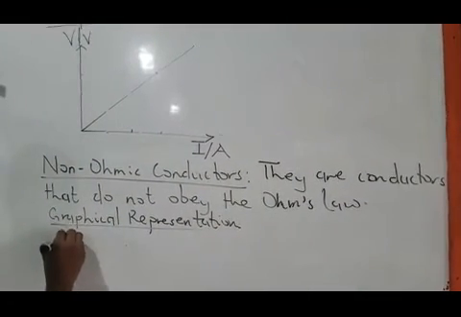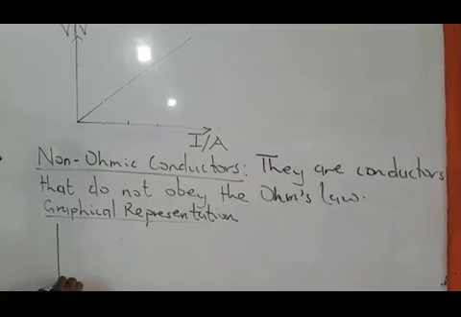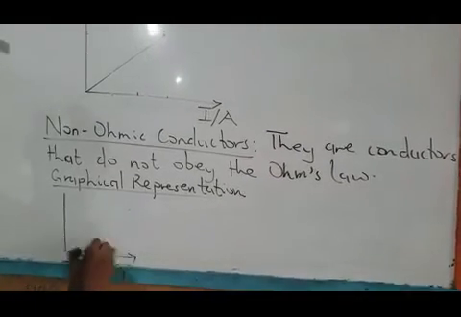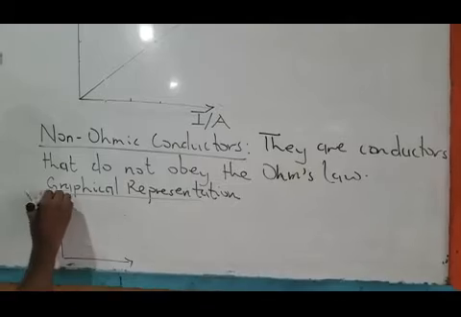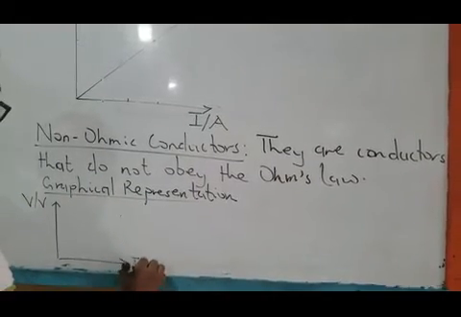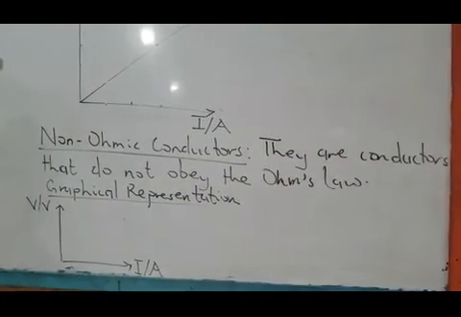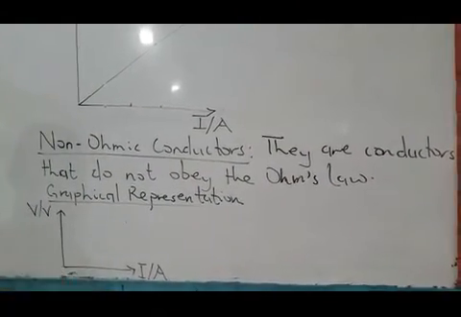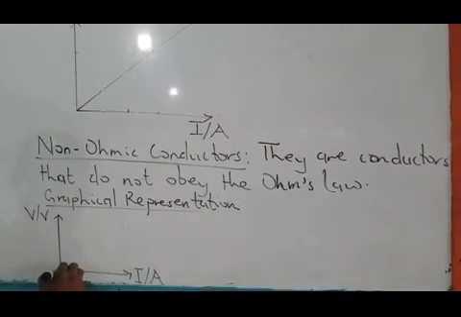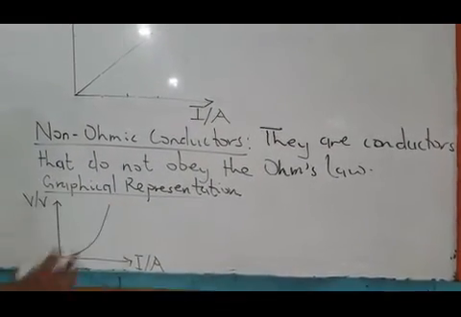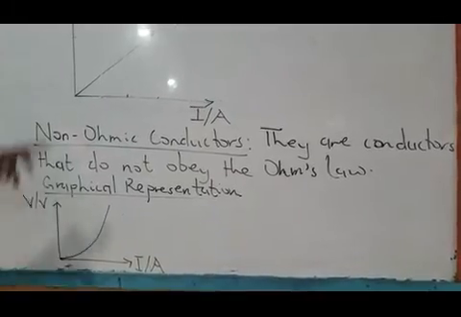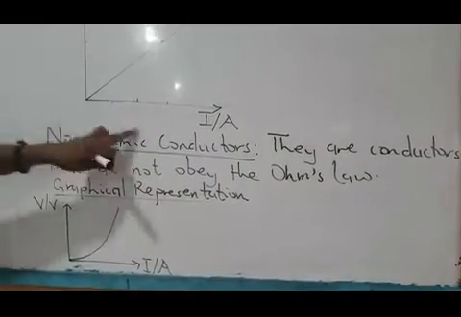So if you have a graph of voltage against current, and you end up getting a curve this way, that should tell you that it's supposed to be a linear relationship.